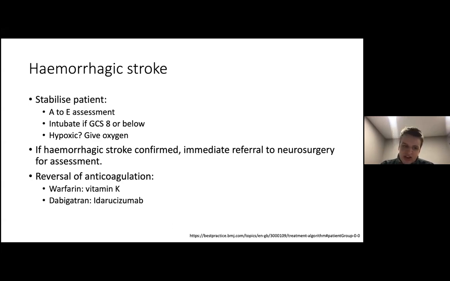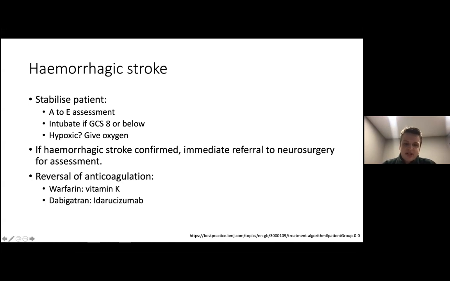It's important, if they are on warfarin or any other anticoagulation, to reverse this, because this may very well be the cause of the stroke. So vitamin K is the antidote for warfarin, and the monoclonal antibody idarucizumab is the one for dabigatran.